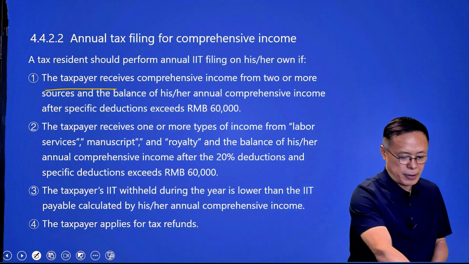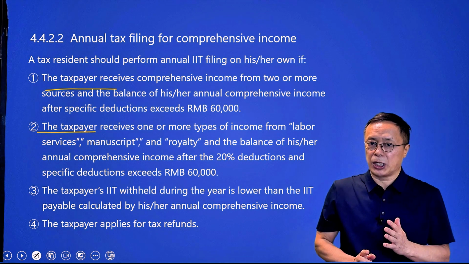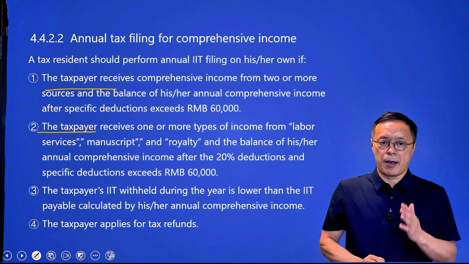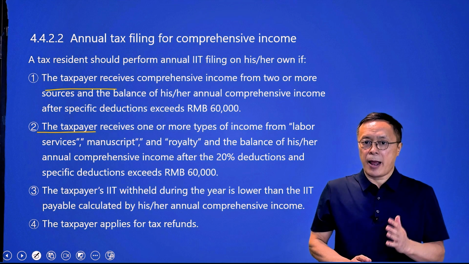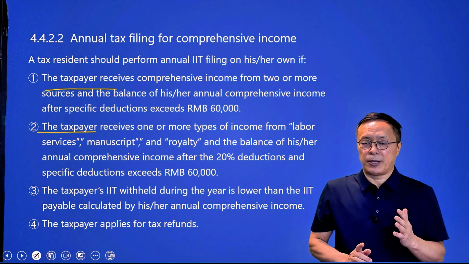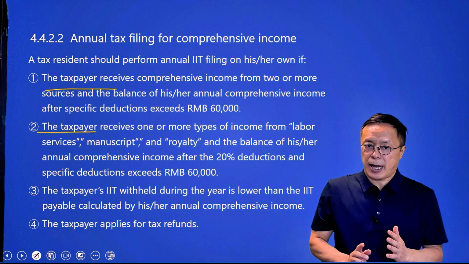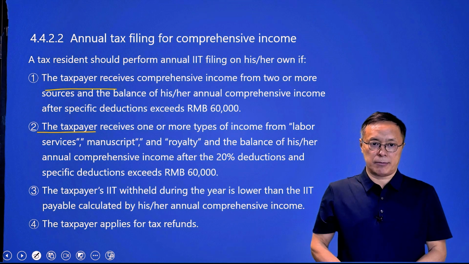The second situation, the taxpayer receives one or more types of income from labor services, manuscript and royalty, and the balance of his or her annual comprehensive income after 20% deductions and specific deductions exceeds RMB 60,000.